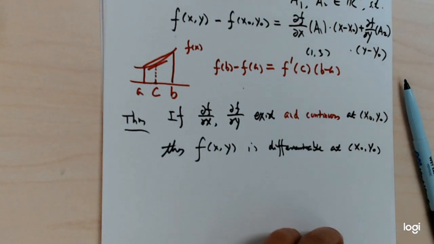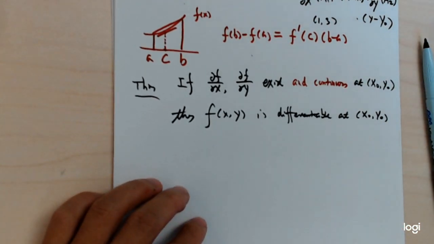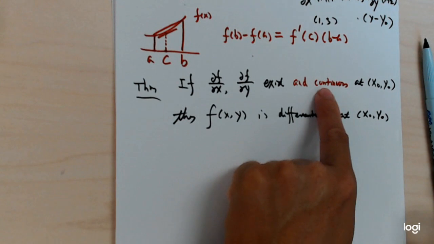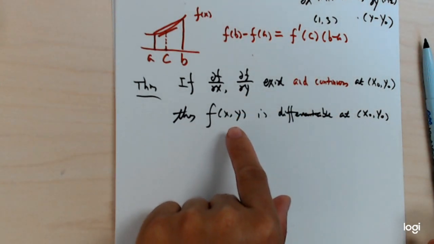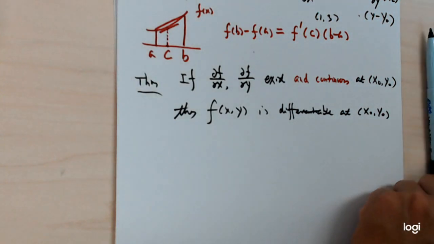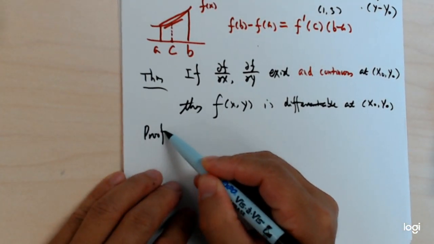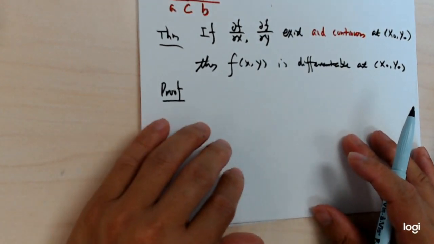The proof, I would like to prove this and then provide one example, and then that will be the end of this lecture, okay? So let me show you why this is true, why the continuity of partial derivatives implies the function is differentiable. Turns out this is a direct application of the mean value theorem.